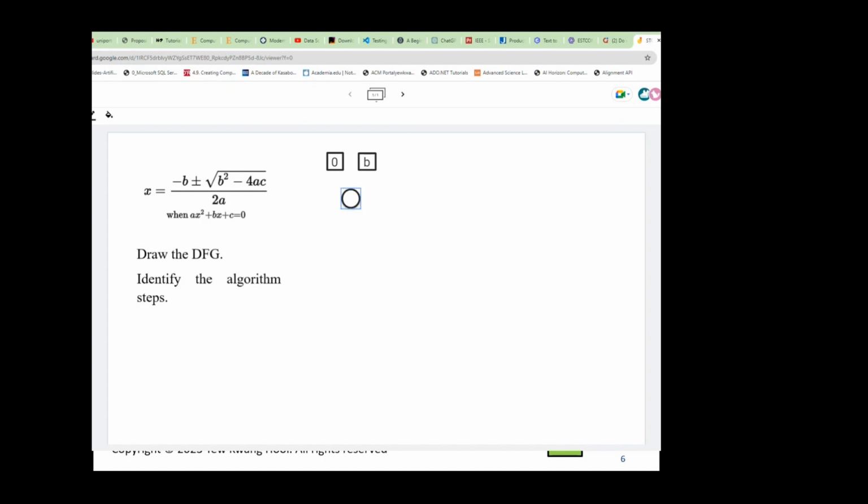Need a minus operation. Okay, so I proceed while waiting for anybody to share their answer. So A and B, A minus B, it gives you the minus B here. Okay, I'm done with this part.